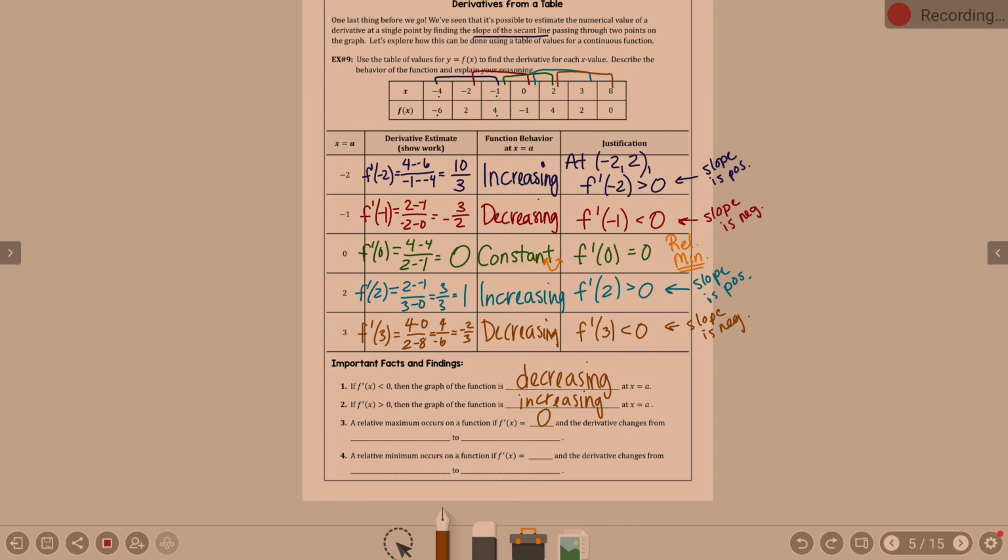So we did a minimum here, and our derivative changed from negative to positive. So what's a maximum going to be? When we change from positive to negative. And on the flip side, a minimum occurs if the derivative equals 0 and the derivative changes from negative to positive.